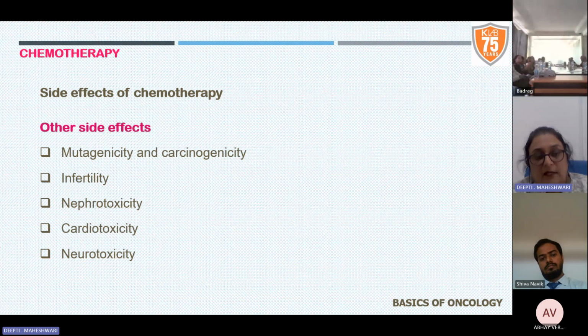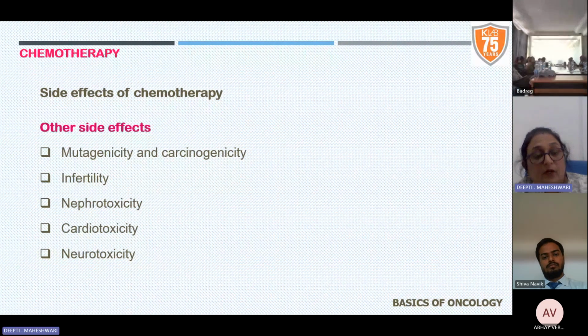Patients can have infertility, where a female or a male cannot conceive. Then nephrotoxicity is toxicity in the nephrons and the kidney. Cardiotoxicity is toxicity seen in the heart. Neurotoxicity is seen in the neurons, basically in the nervous system.